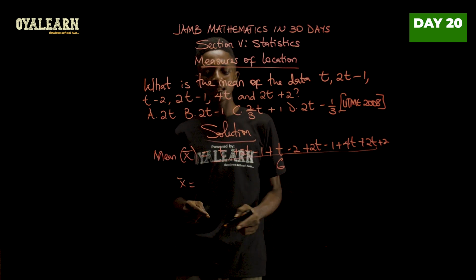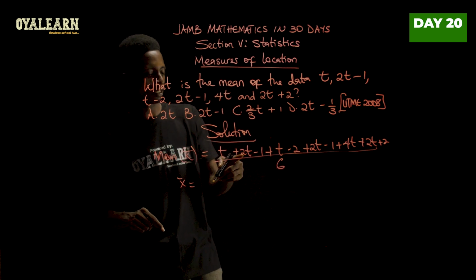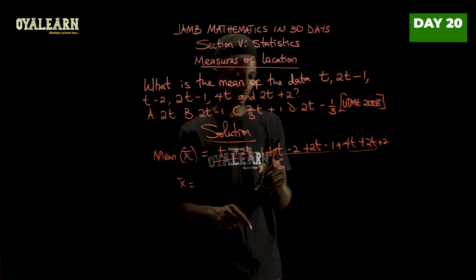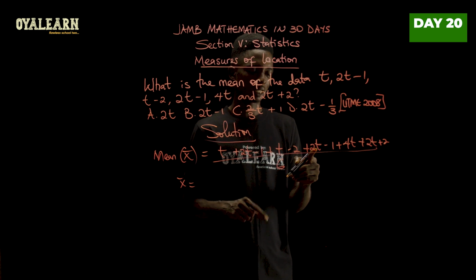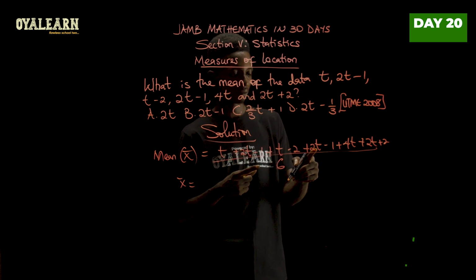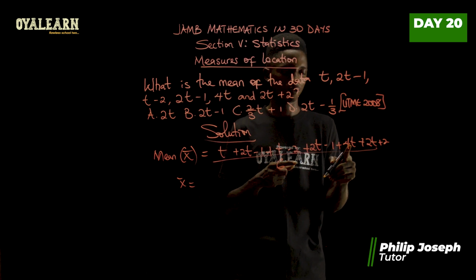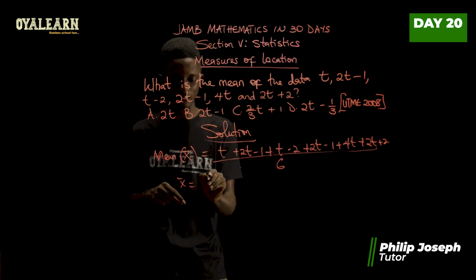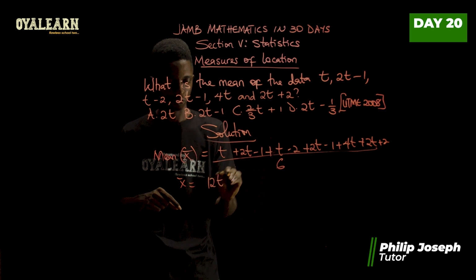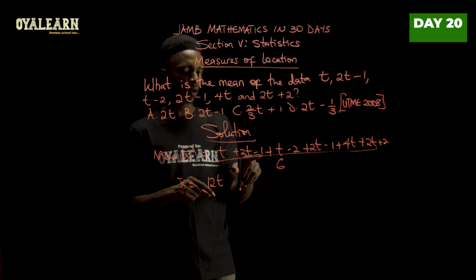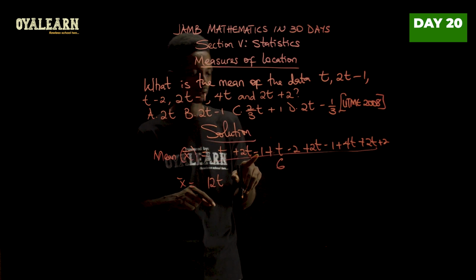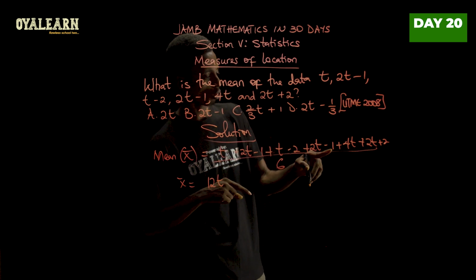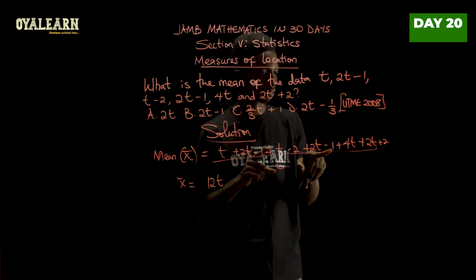Now, when we collect like terms, t plus 2t will give us 3t, plus t, and then we have 4t, plus 2t, and then we have 6t. 6t plus 4t, that's 10t, plus 2t, and then we have 12t. So 12t. Now, minus 1, minus 2, that's minus 3. Minus 1, that's minus 4.